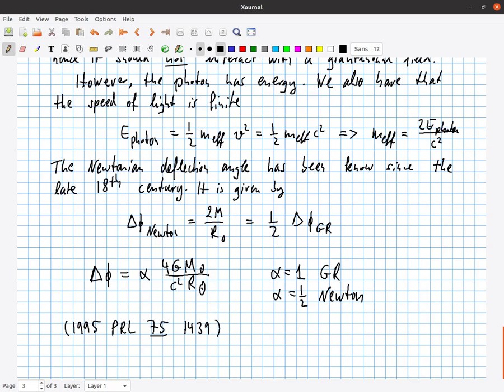And they reported on this angle alpha, or not the angle, the number alpha that is used to parameterize this. And their data was 0.9998 plus minus 0.0008.